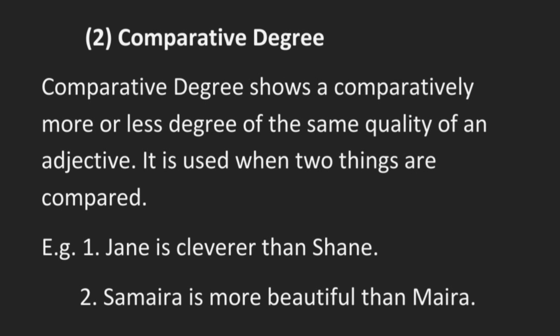In this sentence, the cleverer word is used as comparative degree, and we have seen the comparison between Jane and Shane. In the second sentence, Samira is more beautiful than Myra. In this, more beautiful is the comparative degree, and the comparison is made between Samira and Myra, right? And whenever we are using the comparative degree, we need to use the word than after the adjective. You can see in both the sentences, cleverer than and more beautiful than, right?